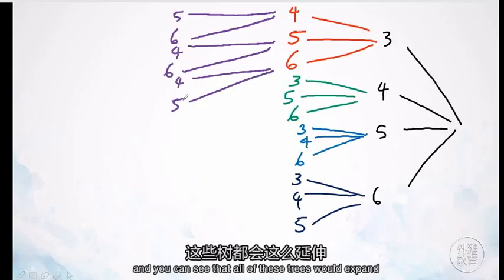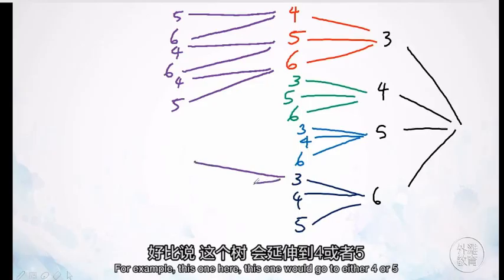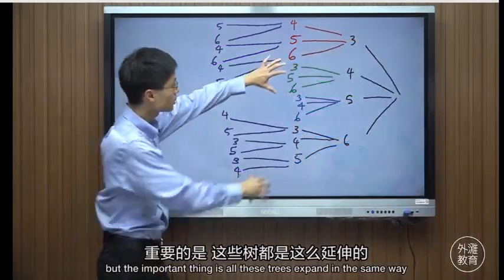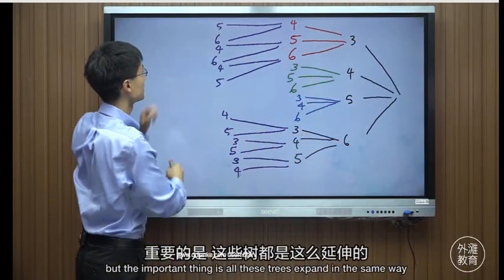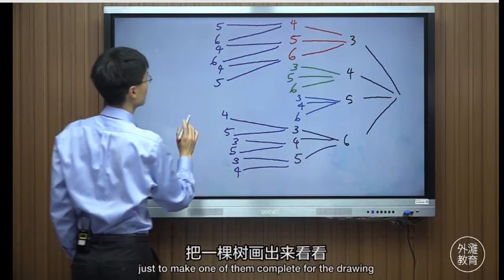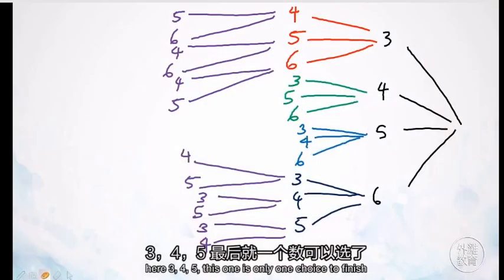And you can see that all of these trees would expand. For example, this one would go to either 4 or 5, this one to 3 or 5, and this one to 3 or 4. But the important thing is all these trees expand in the same way. And in the very end, just to make one of them complete for the drawing, this one there's only one choice to finish.